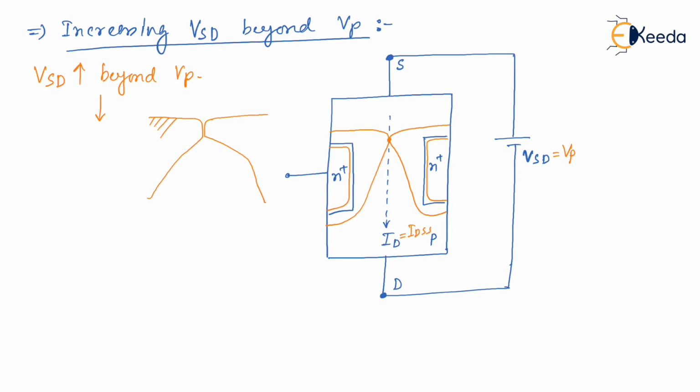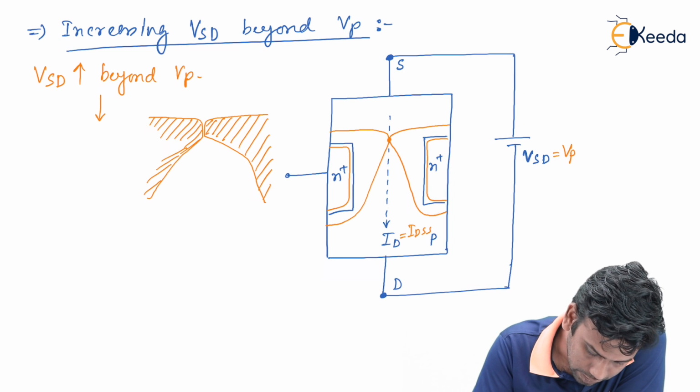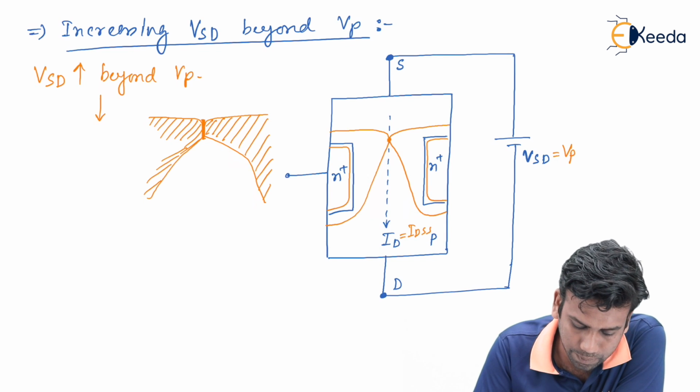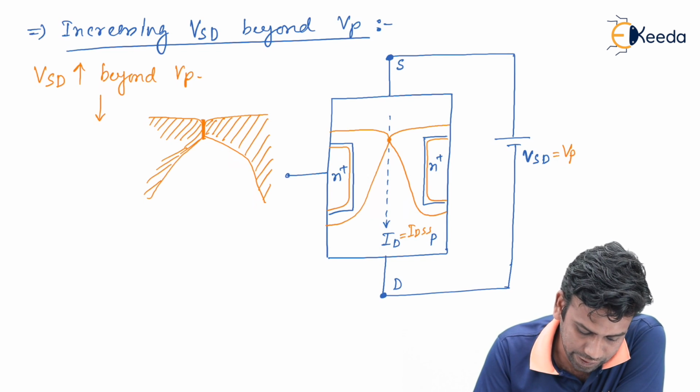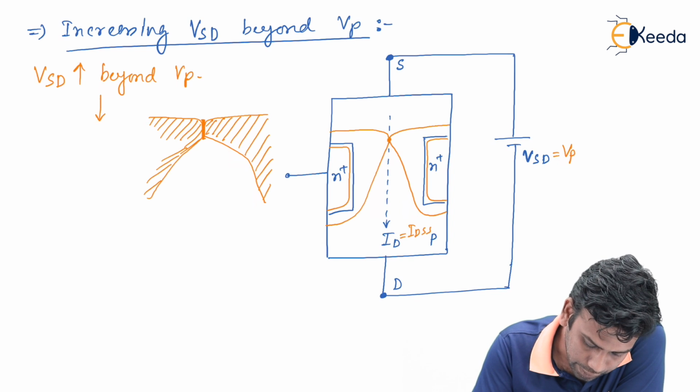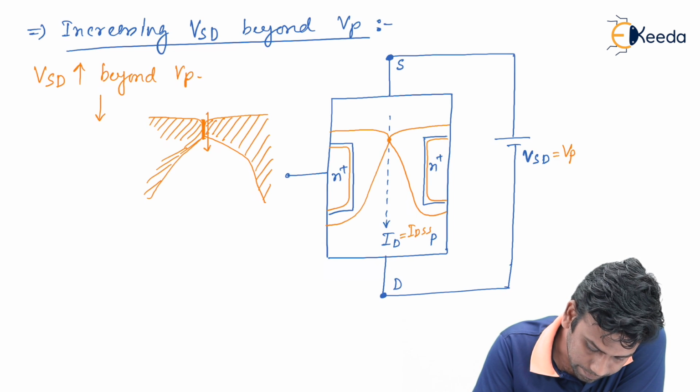So, this is the depletion region of the two junctions. Now, you can see the touch point has become a line, not a point.